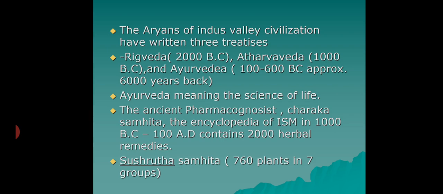They documented 2000 herbal remedies, 2000 detailed plant or natural product information for various diseases. Then Sushruta Samhita gave information about almost 760 plants, and they classified those plants into 7 different groups. So Sushruta Samhita contributed knowledge about 760 plants in 7 groups.